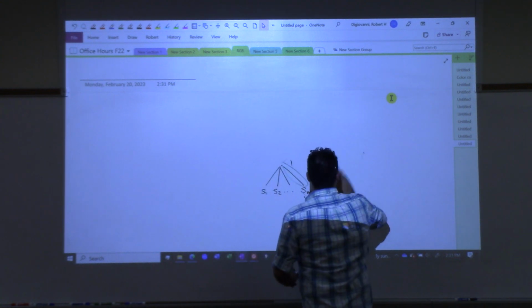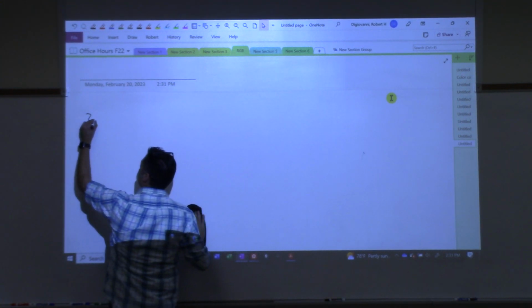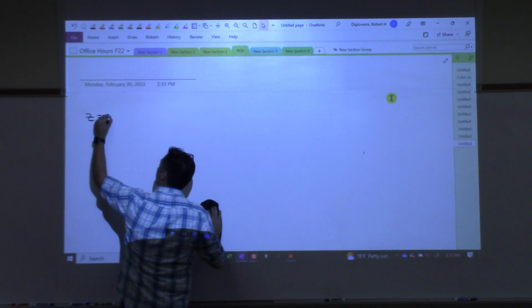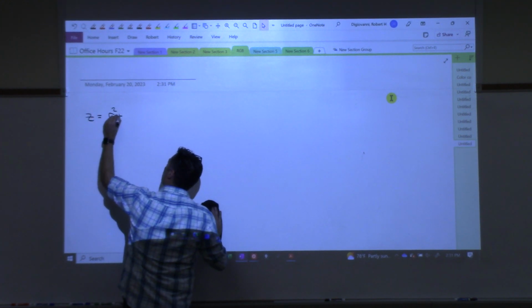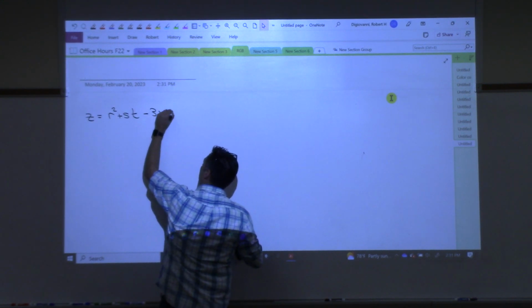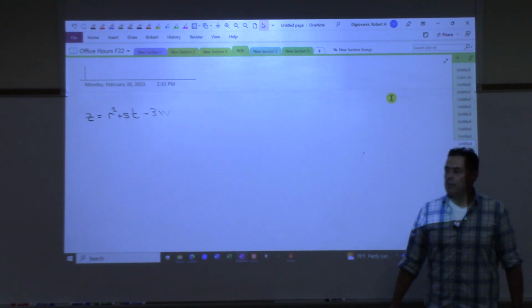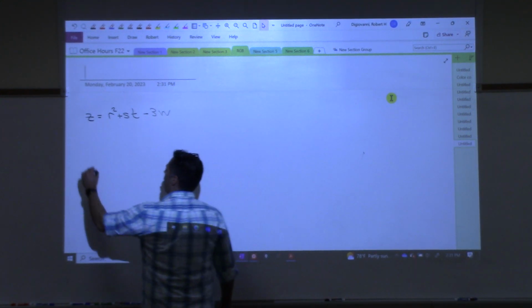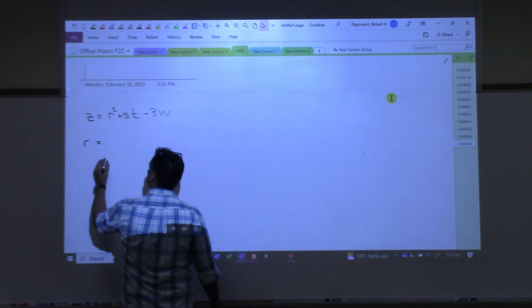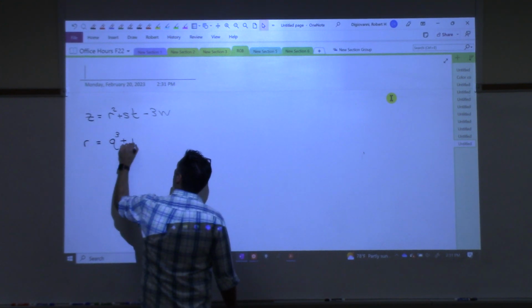So what if I tell you this? Z is r squared plus st minus 3w. Then I tell you that r is equal to q to the third plus p.